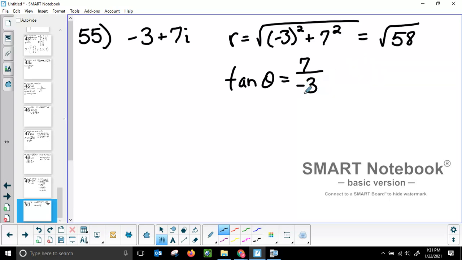So of course we just need to do our inverse tangent here. And when we take the inverse tangent of negative 3/7, we get negative 23.2 degrees.